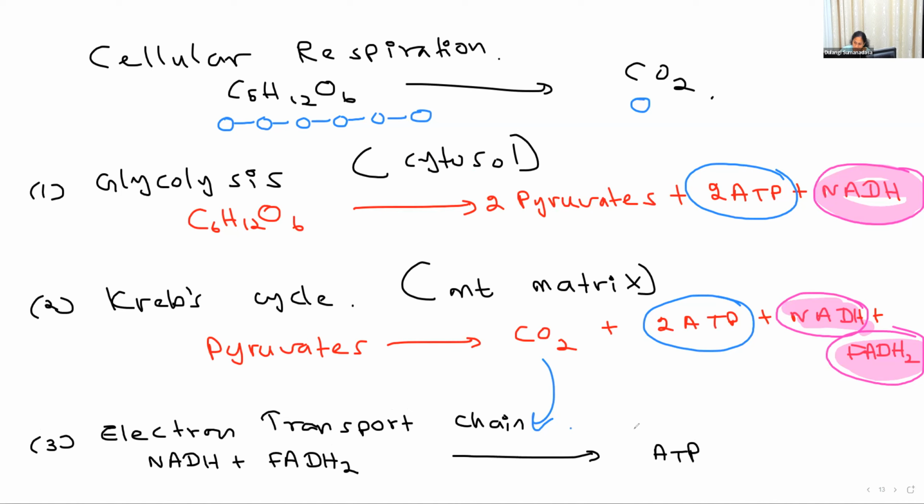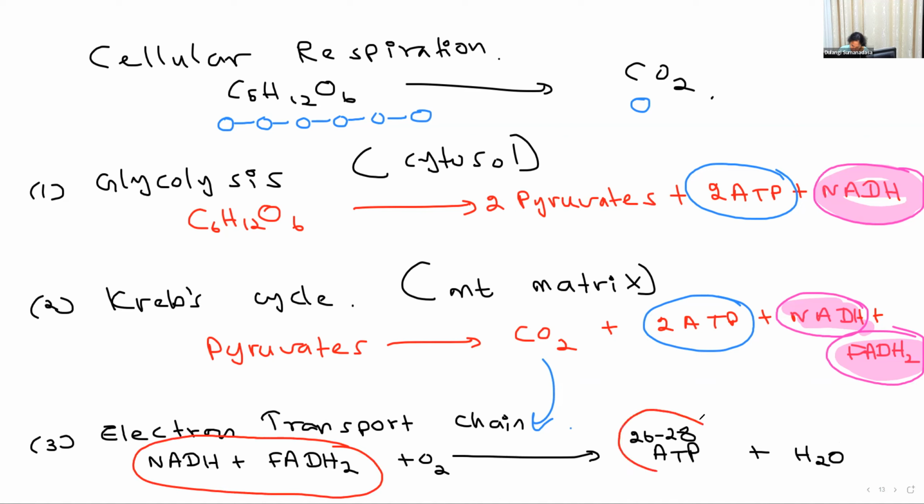You need to know the number, 26 to 28 ATP. Plus we have oxygen to produce water. So if you want, you can highlight the inputs, outputs. Oxygen becomes water. You can clearly see all the inputs, outputs. I need 4 inputs, 4 outputs.